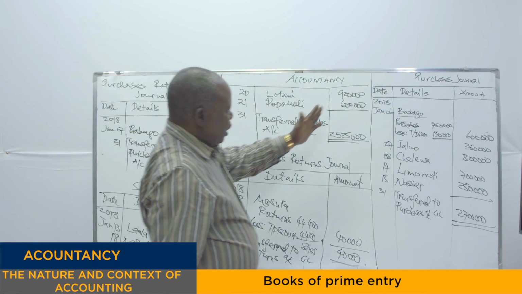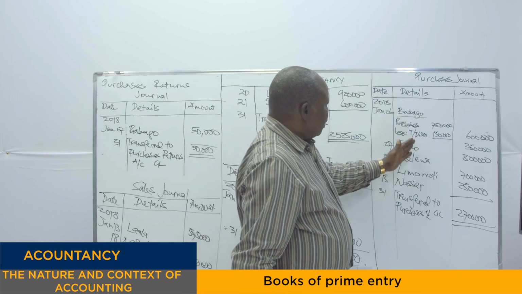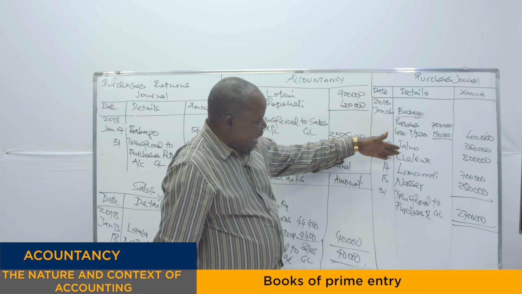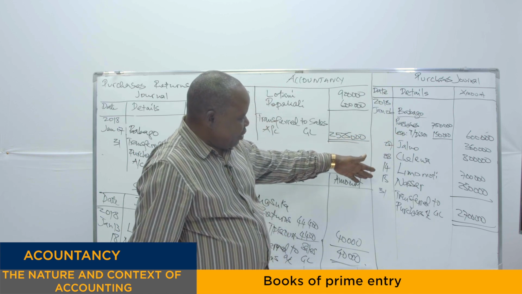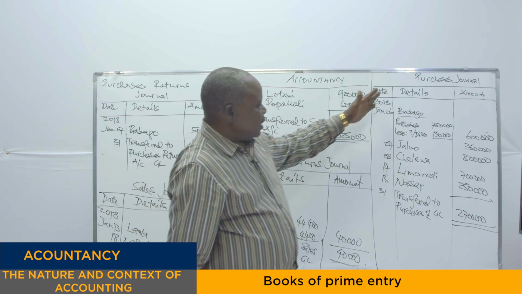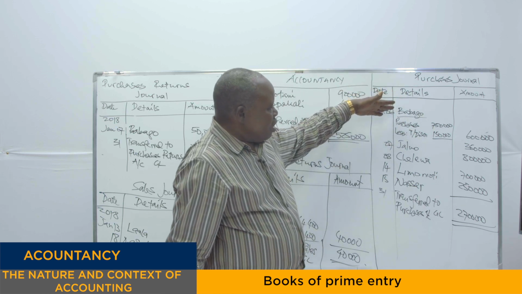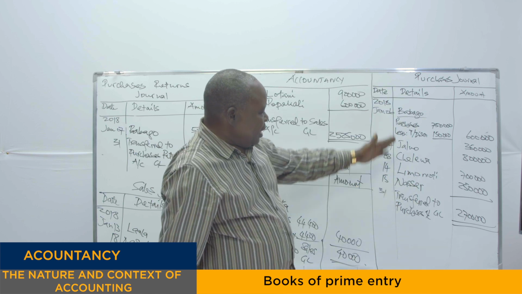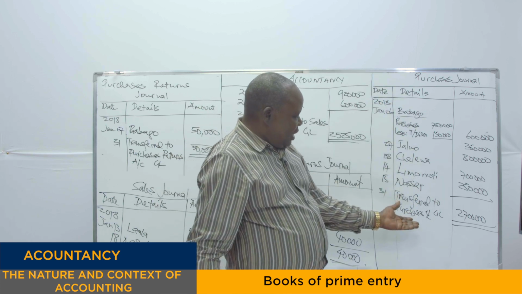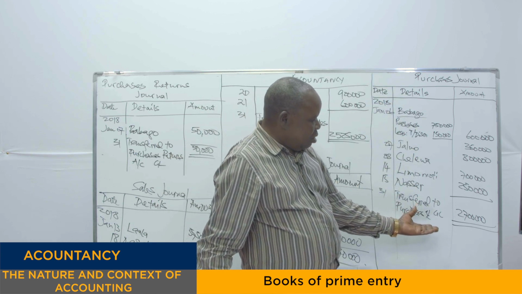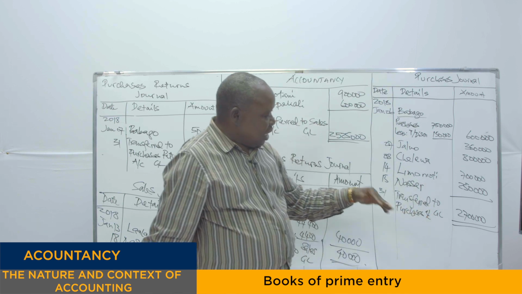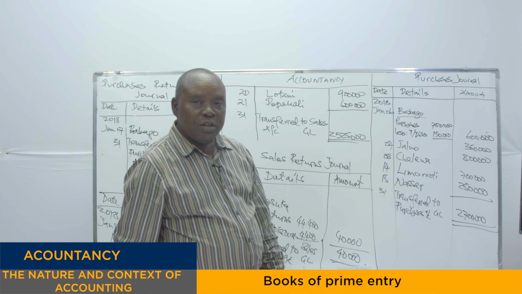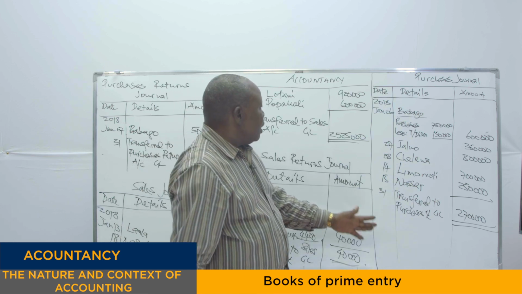Now these are creditors. We have Babago, Jaluo, Chelewa, Limomoti, and Nasra. Now this will be posted to the purchases ledger on the credit side. And to complete the double entry, the total purchases will be posted to the debit side of the purchases account in the general ledger.